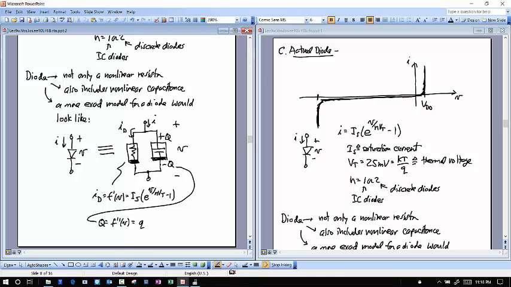So this charge here will then take out the unit charge times the doping concentration NA/ND, where Na is an acceptor doping concentration, Nd is a donor doping concentration, times the cross-sectional area of the actual diode, times the width, times the square root of 1 plus a voltage divided by a potential.